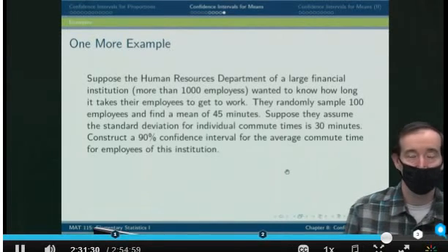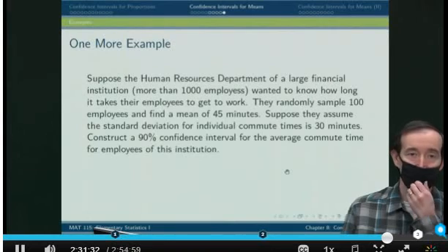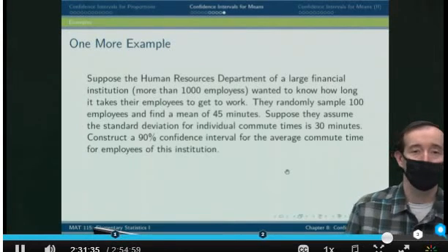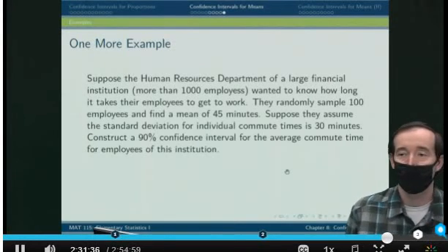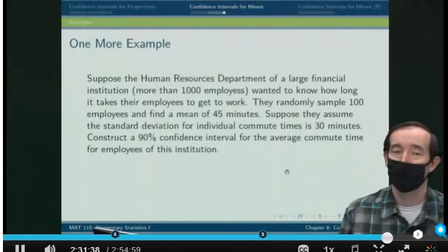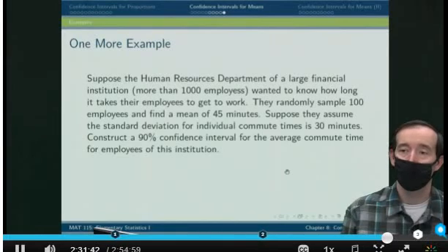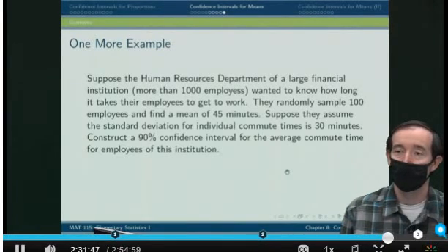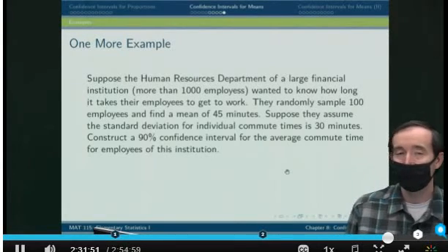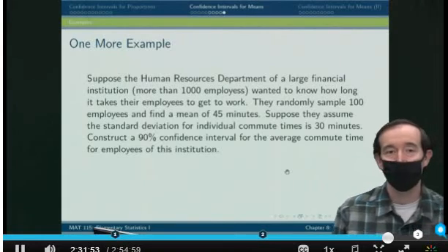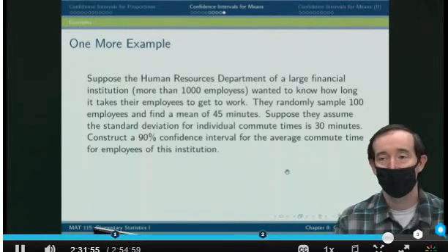Well, we should be able to. How do we do it? What do we do first? I guess that's the first question. Before I compute any confidence interval, I need to check that those three conditions apply.